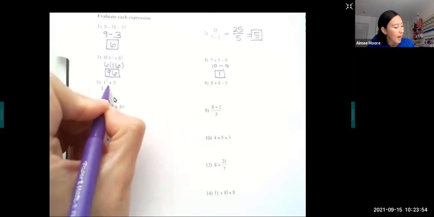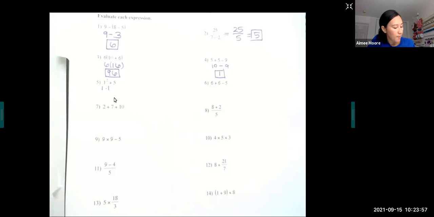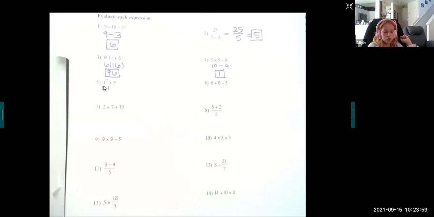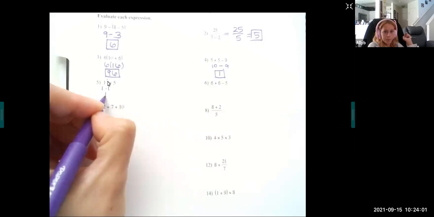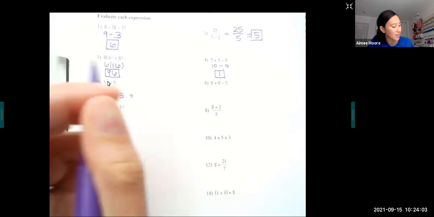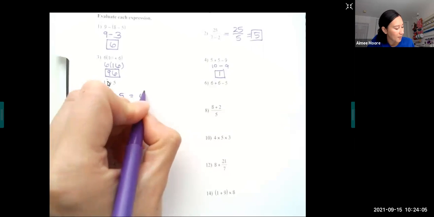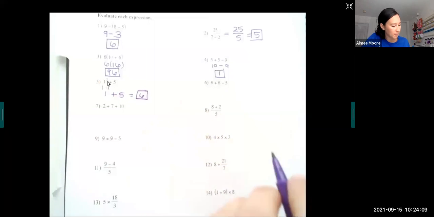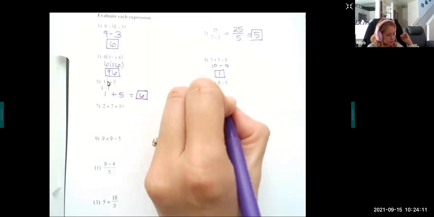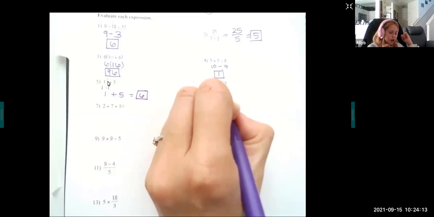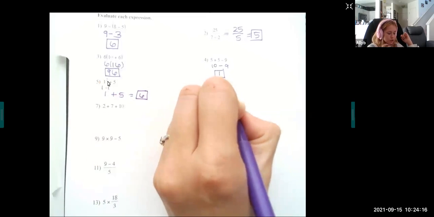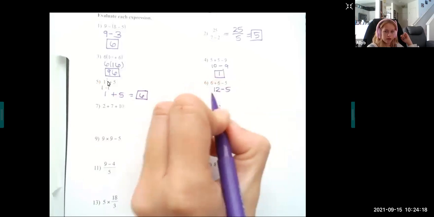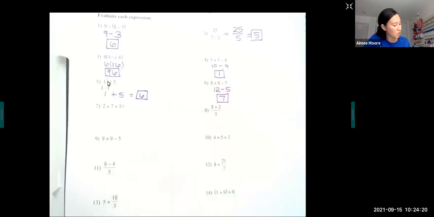So that's 1 times 1. Oh, so it's 1. So that would be 1, and then 1 plus 5 would give us 6. Good. Thank you. And then what about for number 6? For number 6, I added 6 plus 6, which is 12. Then I subtracted 5, which I got 7. Excellent. Thank you very much.